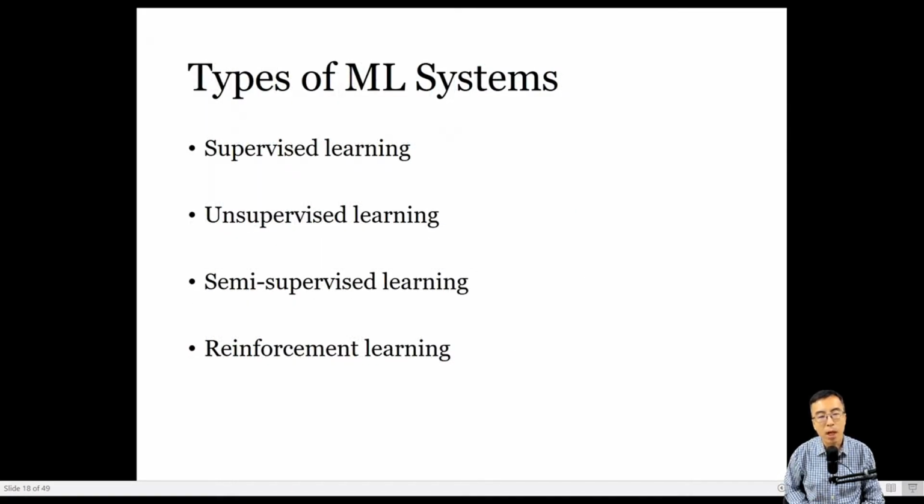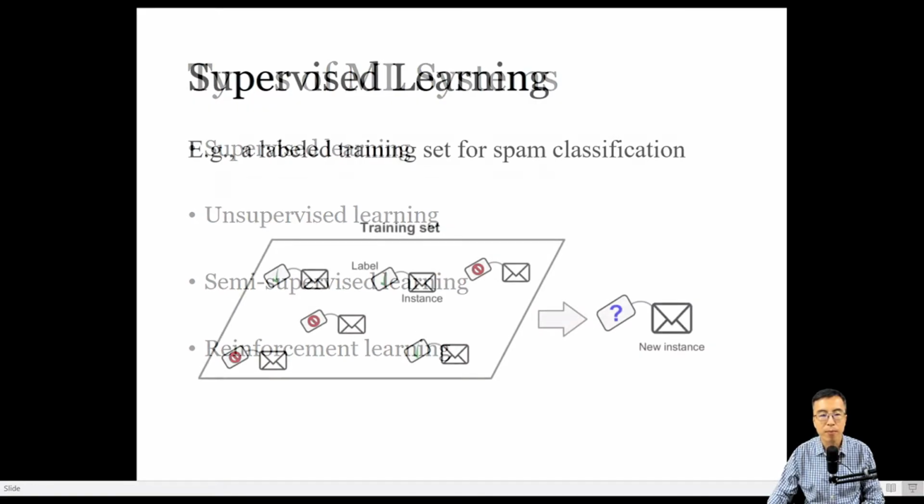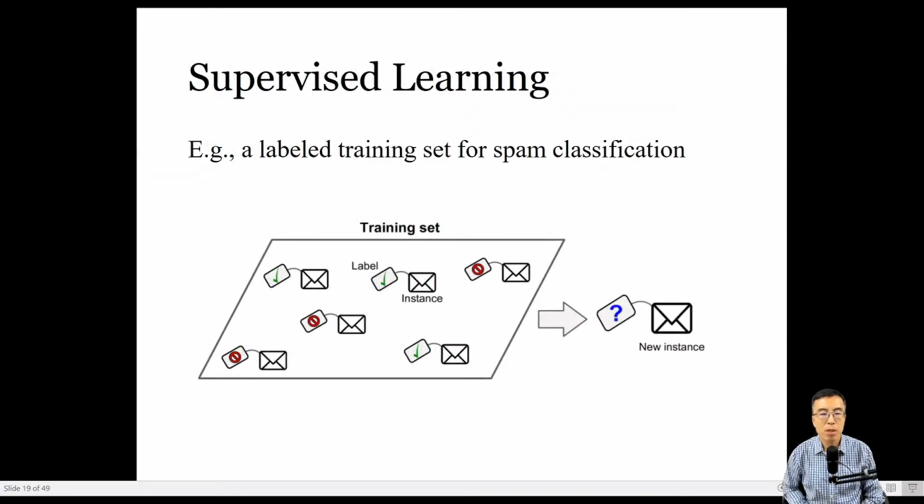If we talk about the types of machine learning systems, there are 4 major types we can talk about, including supervised learning, unsupervised learning, semi-supervised learning, and reinforcement learning. So first, let's talk about supervised learning.